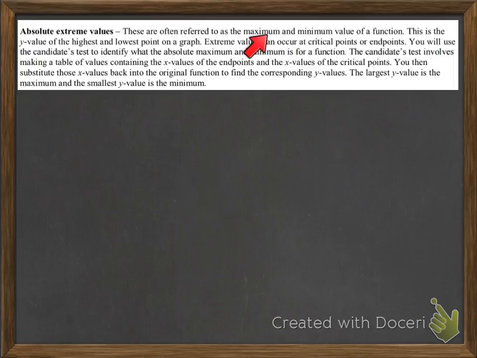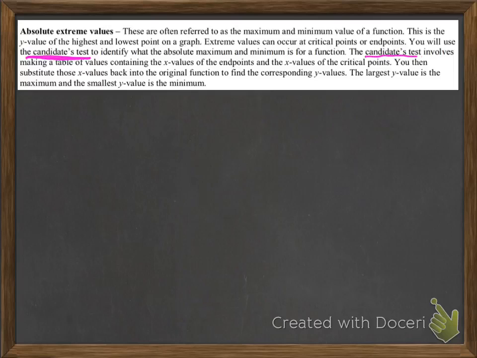absolutes. And so there's one other thing that we're going to have to use on this, and that is called your candidates test. The candidates test is always going to have to be used whenever you are looking for absolute maximums and minimums for a function.